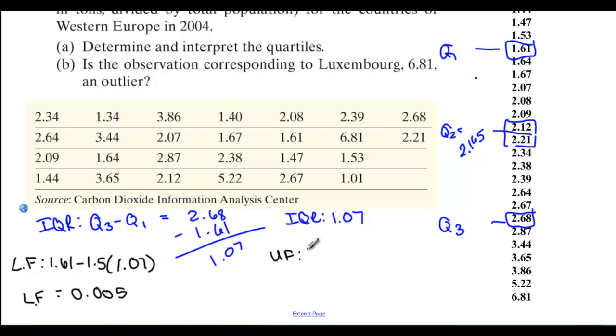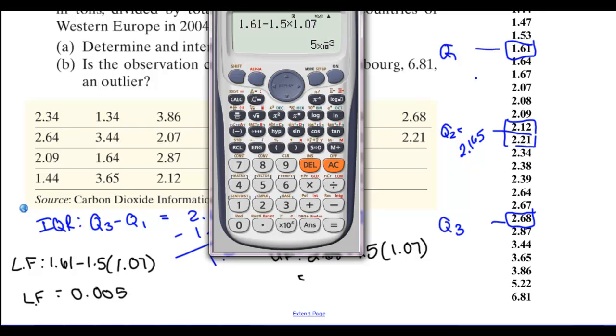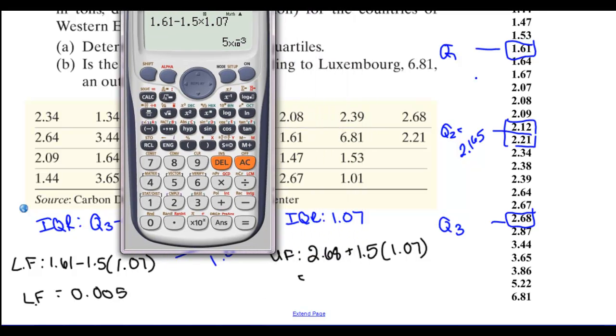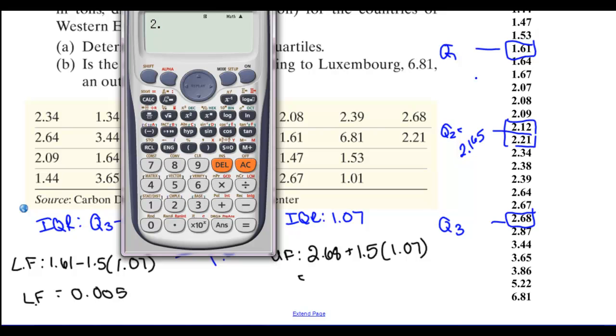And then for our upper fence, we're going to do Q3 plus 1.5 times the interquartile range. So that's 2.68 plus 1.5 times 1.07, and that's going to give us 4.285.